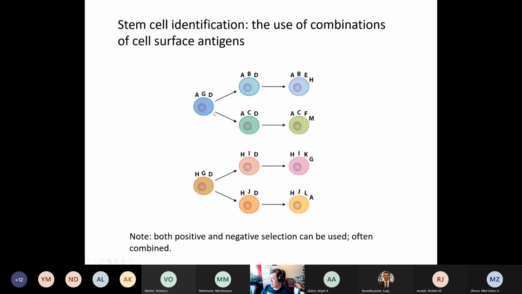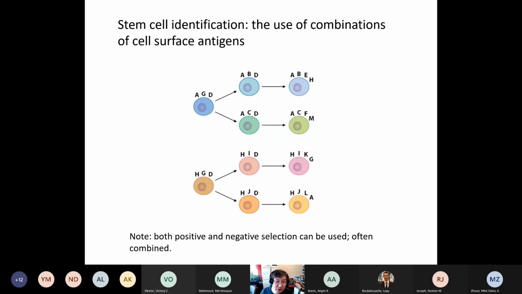On this slide, you see 2 lineages of cells. The AGD cell shown on the top will eventually give rise to 2 cell types, and those 2 cell types will further differentiate to give their lineages, right?